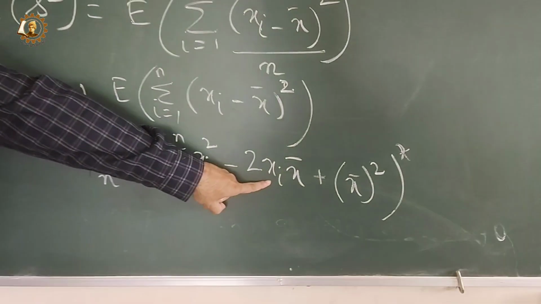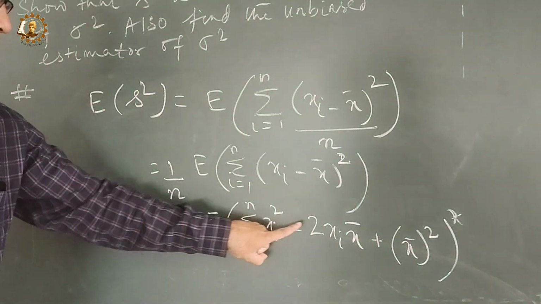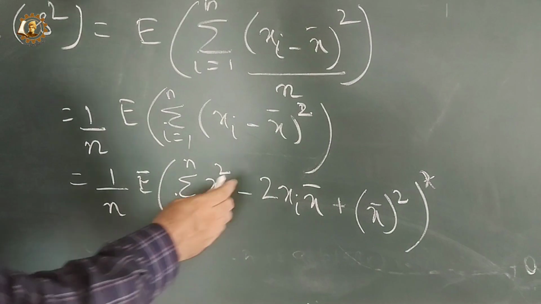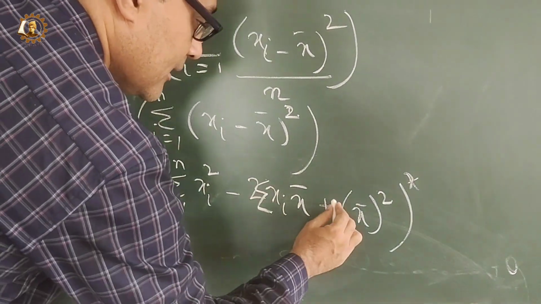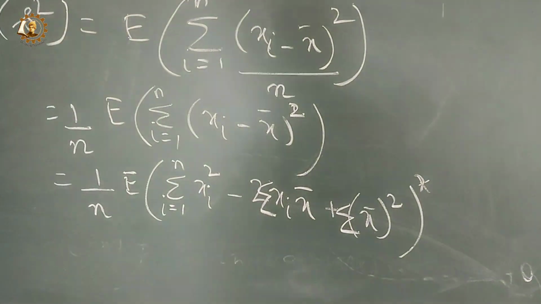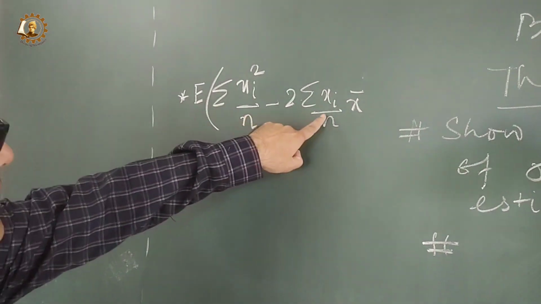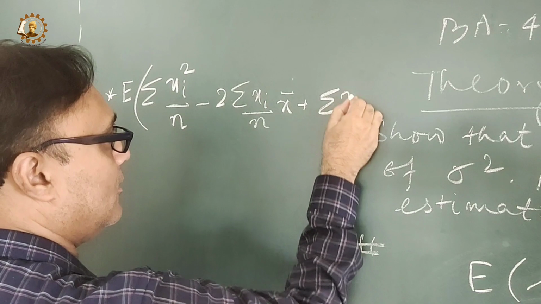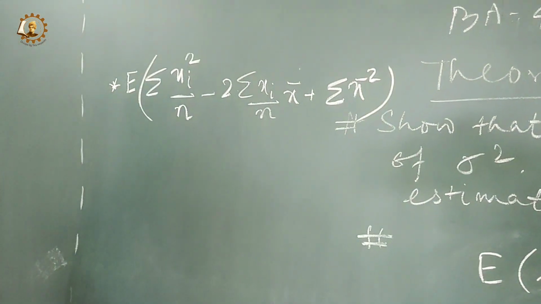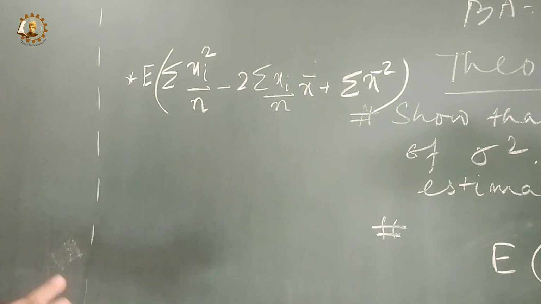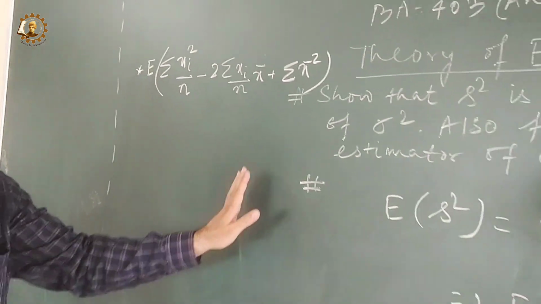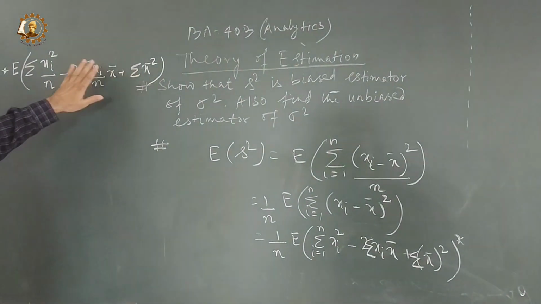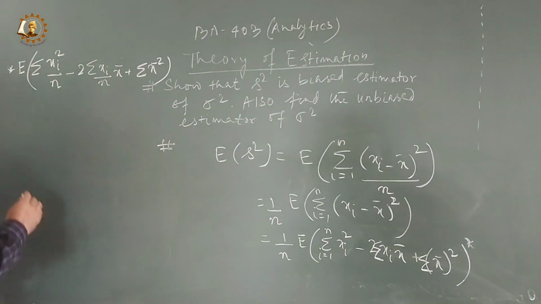Okay, and here you have to put the summation as well. So these are the summations. So this is summation xi by n into x bar plus summation of x bar square. Simply what we have done, we have taken this 1 by n inside, and this summation is already there. We are just expanding the terms.